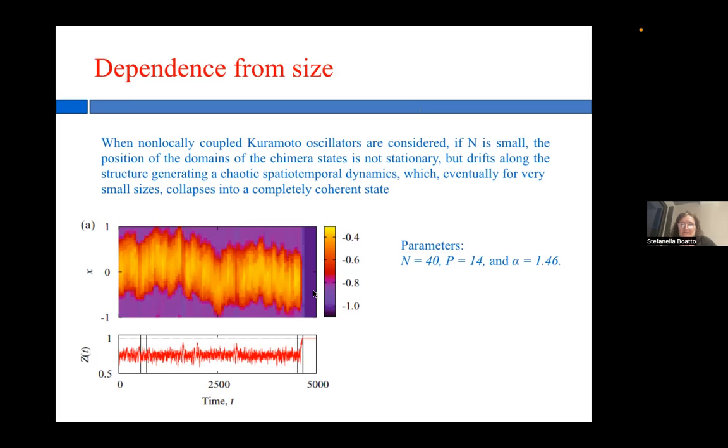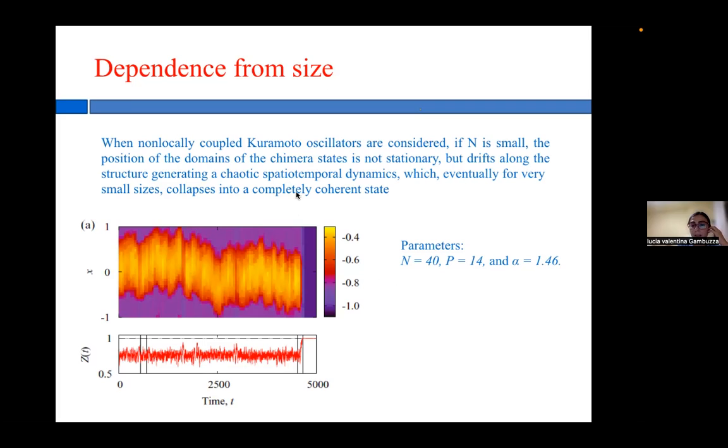So maybe the most important thing is the choice of the initial condition of each unit, and this was a critical point until some years ago.